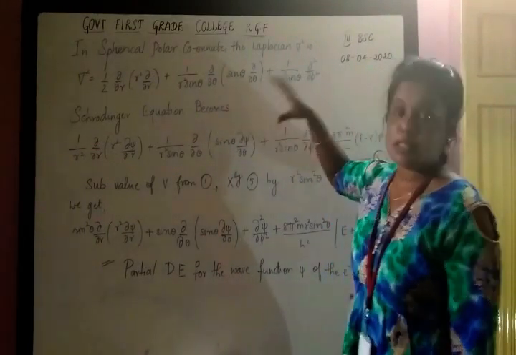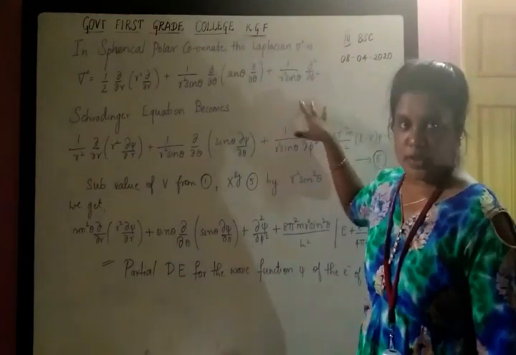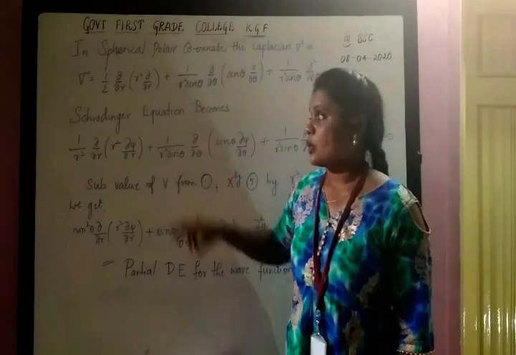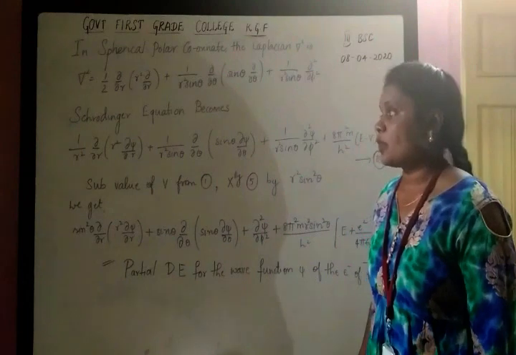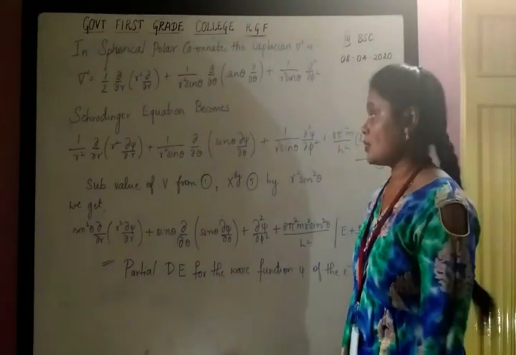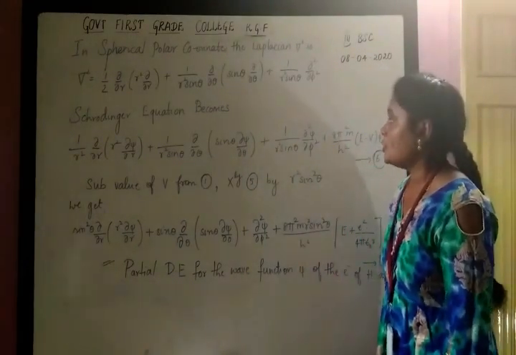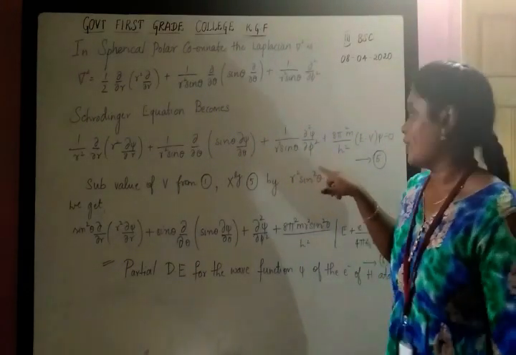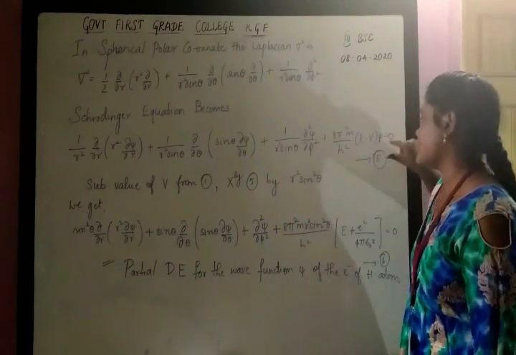So the Schrodinger's equation becomes 1 by r square dou by dou r into r square dou psi by dou r plus 1 by r square sin theta dou by dou theta into sin theta dou psi by dou theta plus 1 by r square sin square theta dou square psi by dou phi square plus 8 pi square m by h square into E minus V psi is equal to 0.